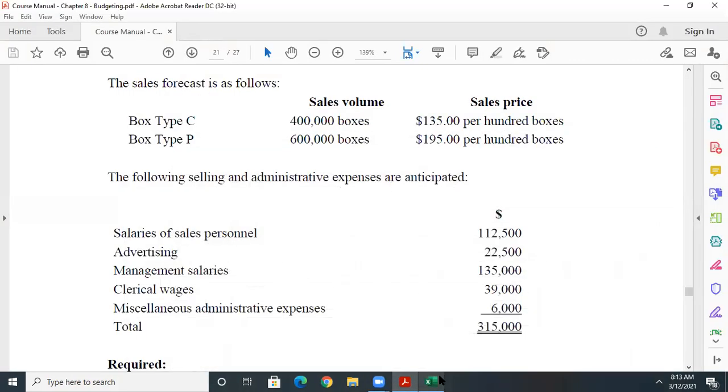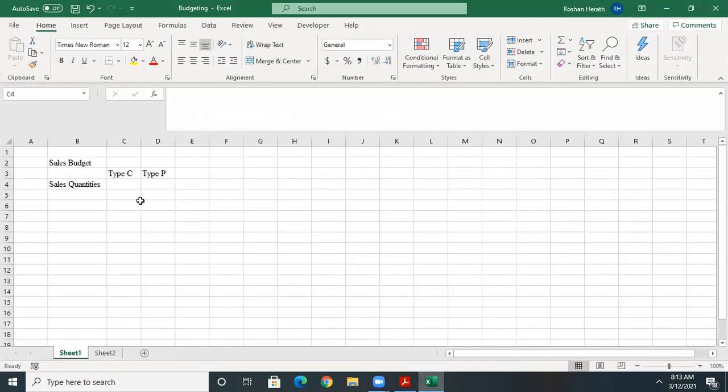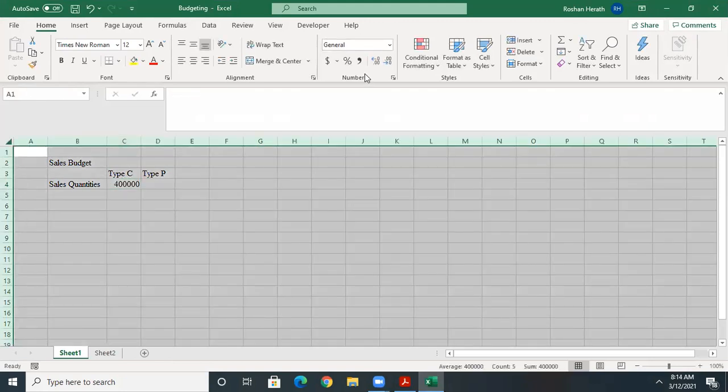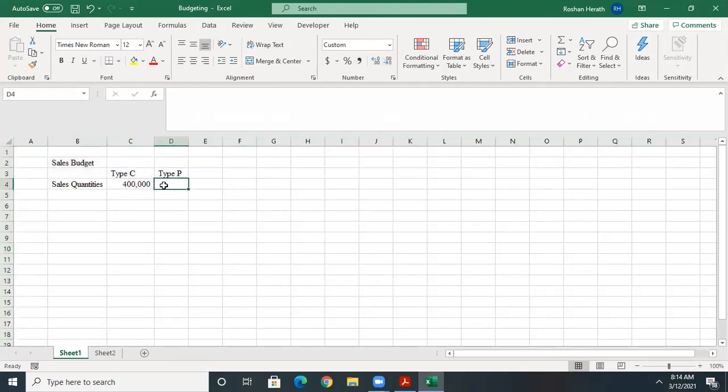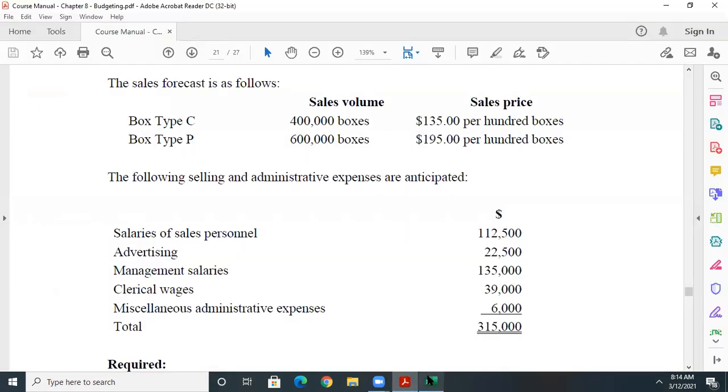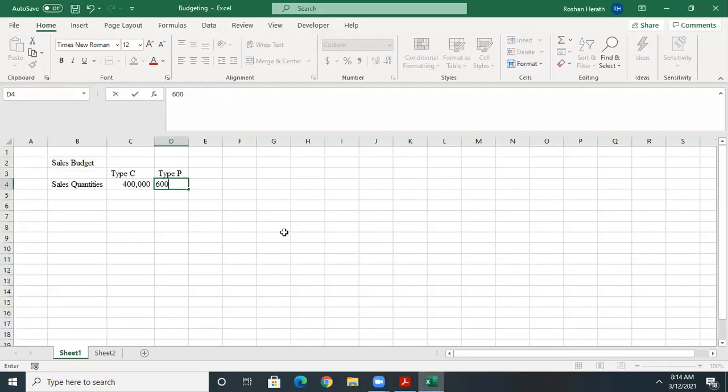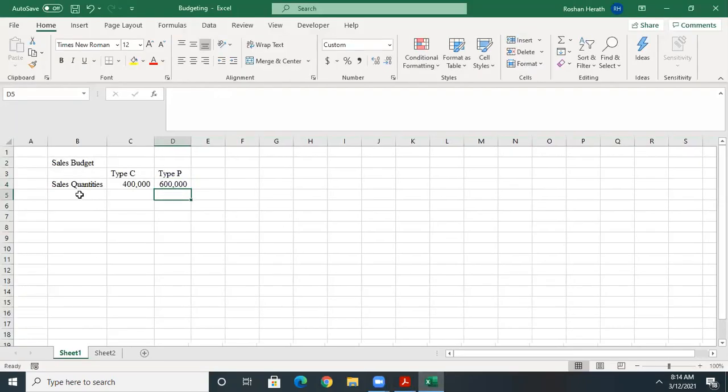Let us just take the quantities, that's fine, and adjust them through the price. It's 400,000 from type C and 600,000 from type P boxes.